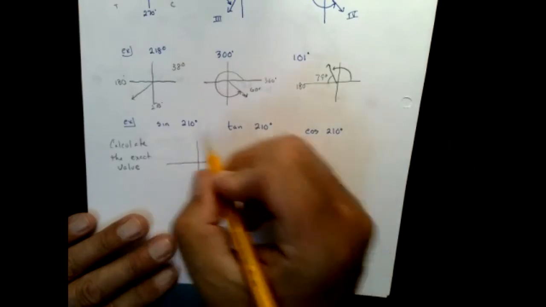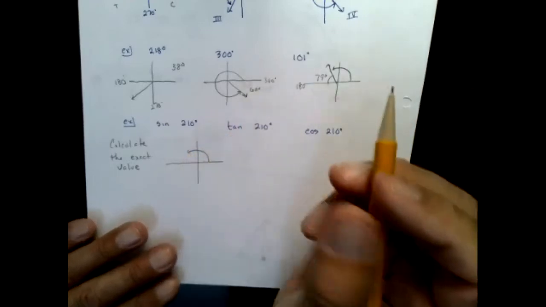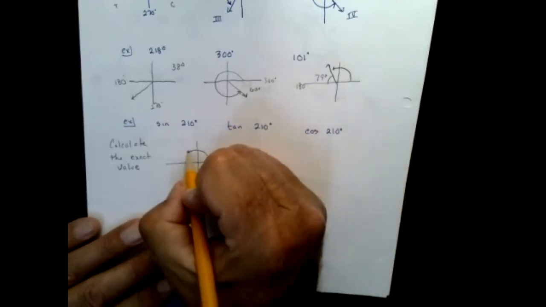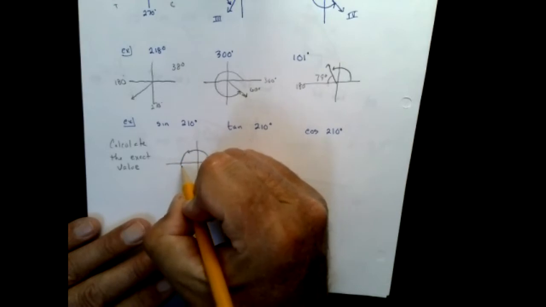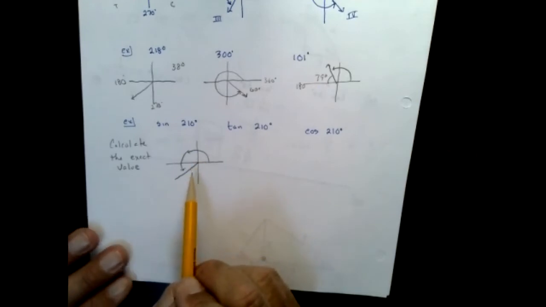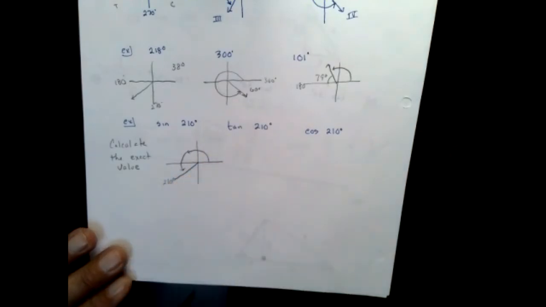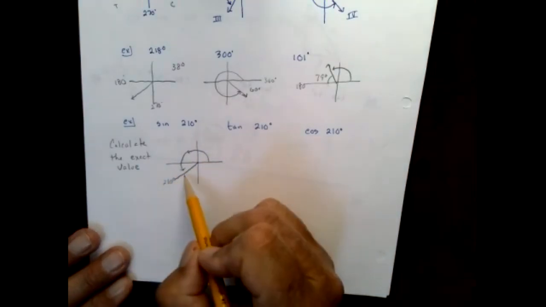If I draw the triangle, I'm going to go around a little past 90, a little past 180, and all of a sudden I stop. And when I stop, what's my reference angle going to be? So this was 210. What's my reference angle going to be? 30.